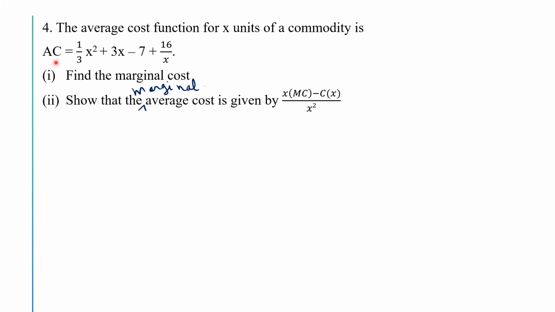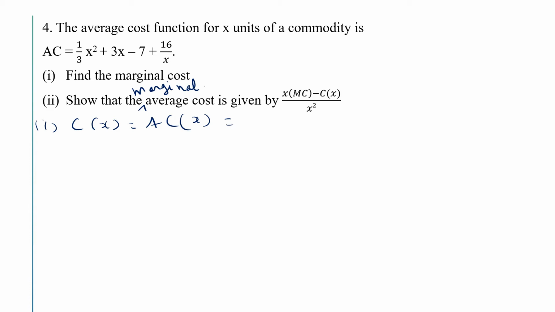So here average cost is given. We can find the total cost from this. Total cost is average cost into x. Then from that we can find the marginal cost. So the first subdivision, C of x is average cost into x.